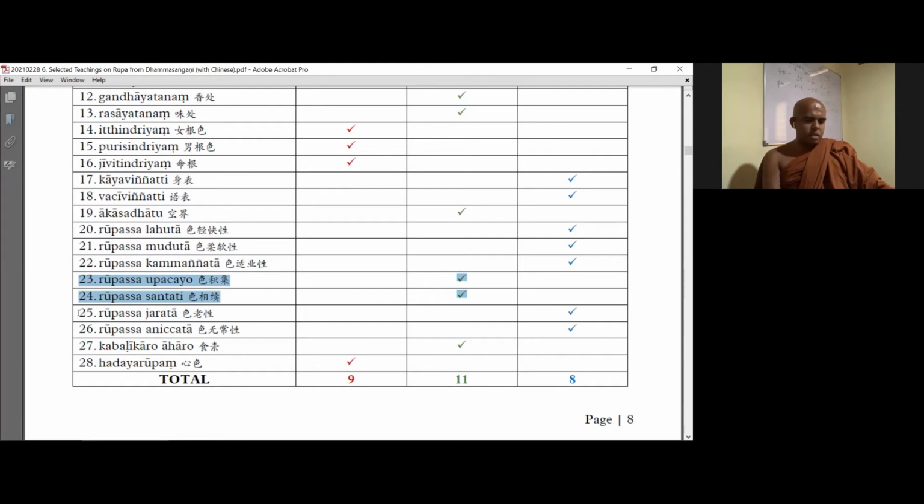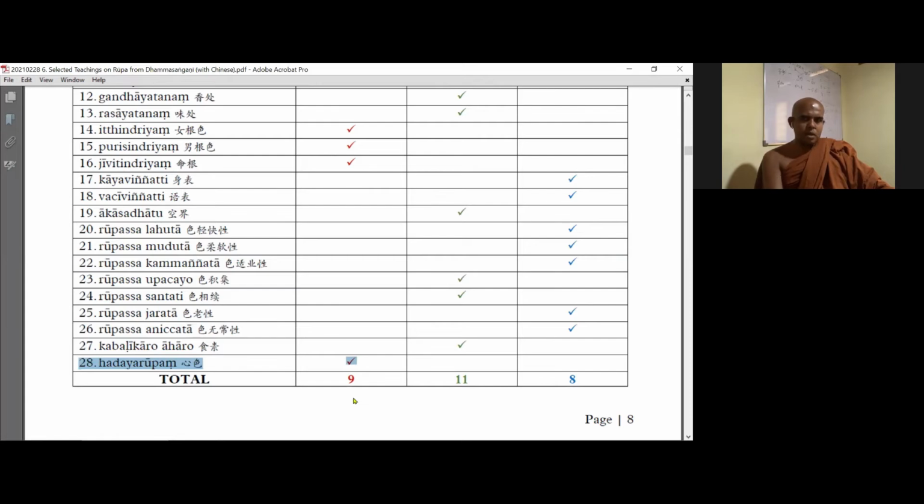And Jarata and Aniccata are included in the Ekanta Anupadinna group. After that, Kabalinkaro Ahara, Oja Rupa, is Anekanta. And Hadaya Rupa, heart base, is included in the Upadinna group.